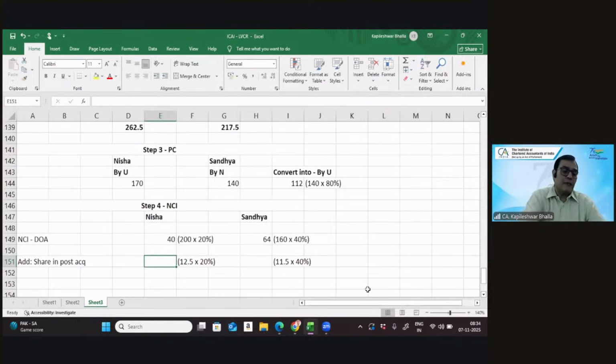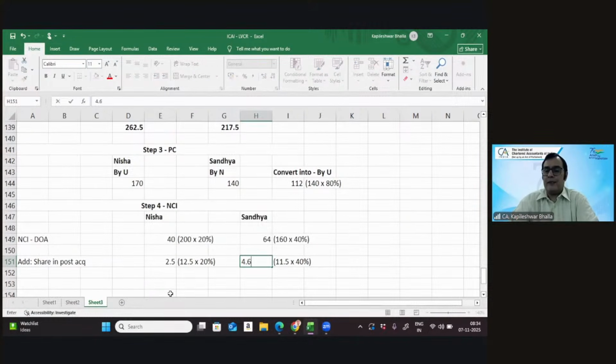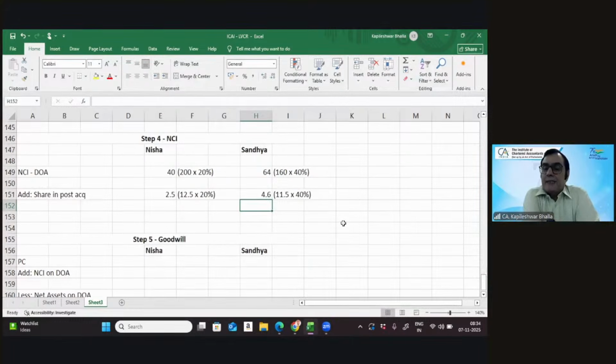That'll give us the post-acquisition. 12.5 into 20%, that's 2.5. And this is 11.5 into 40%. That's 4.6.